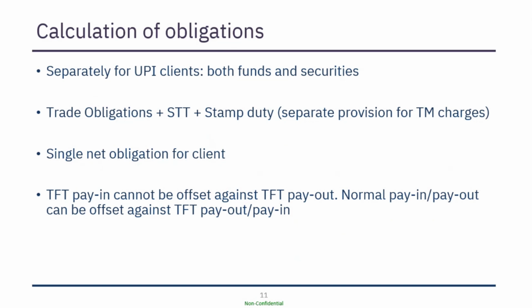But we will not offset trade for trade pay-in against trade for trade payout. So if the client has bought 100 rupees worth of trade for trade stock A and sold 100 rupees worth of trade for trade stock B, then we will debit the block of the client against the purchase of stock A, receive the money and pay out the money as part of the stock B payout.